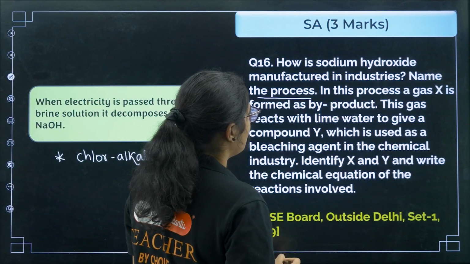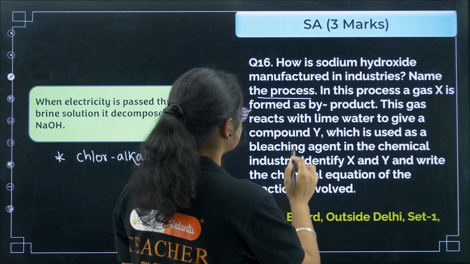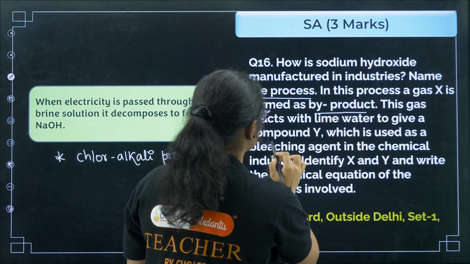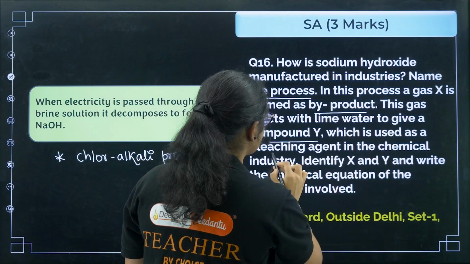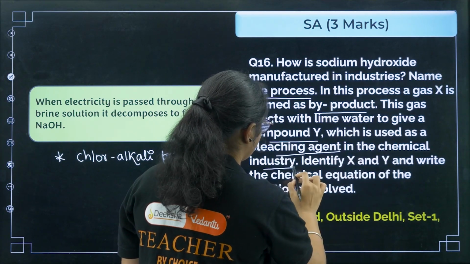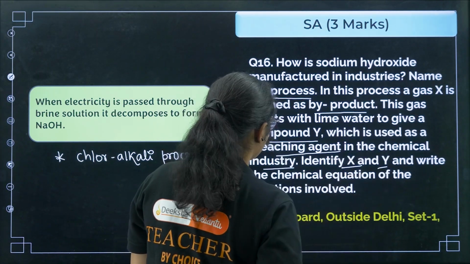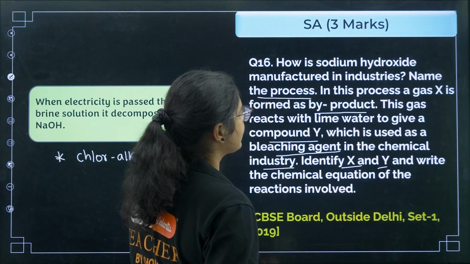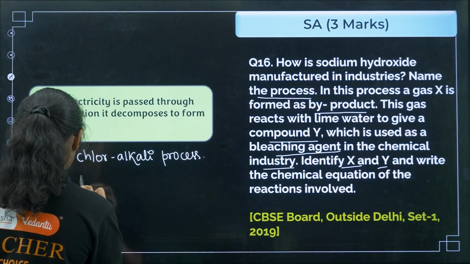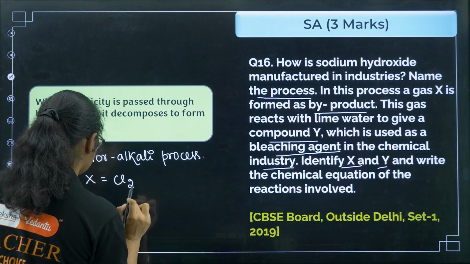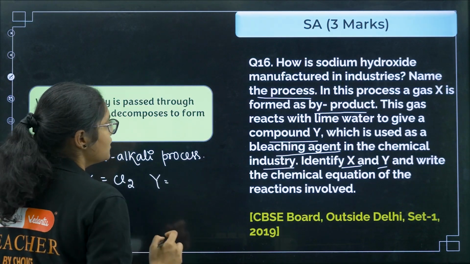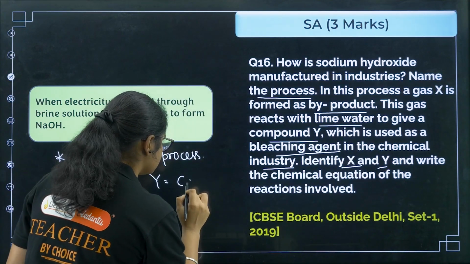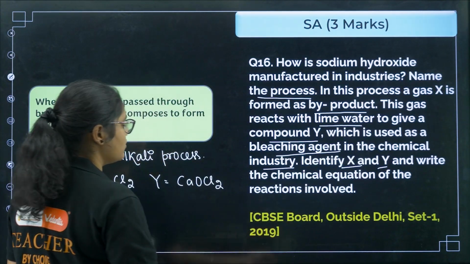Next we have, in this process a gas X is formed as a byproduct. This gas reacts with lime water to give a compound Y, which is used as a bleaching agent in the chemical industry. Identify X and Y and write the chemical equations involved. X is chlorine gas, and Y is bleaching powder, CaOCl2.